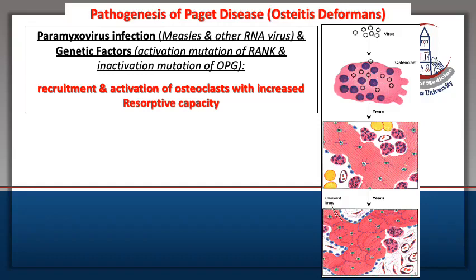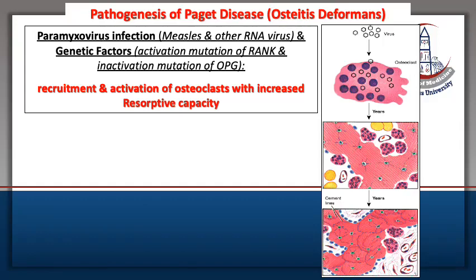It is potentiated by activation of the RANK gene. This RANK gene is a stimulator for osteoclastic activity. In addition, this activation is potentiated by inactivation of the regulatory gene called OPG.